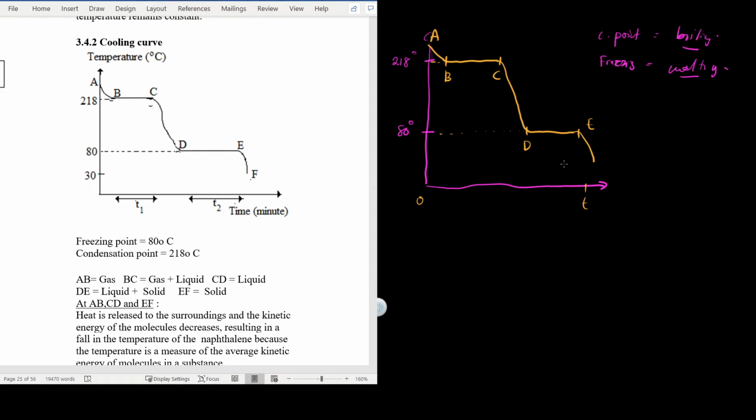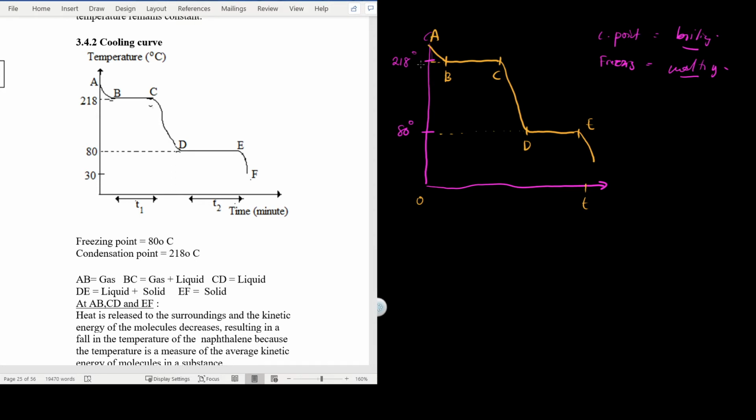So what information can we get from this cooling curve? The first one is the freezing point, which you can also use as the melting point. Let's say the question asks what is the melting point of this substance. It is 80 degrees Celsius, since it is the freezing point, so it is also the melting point.